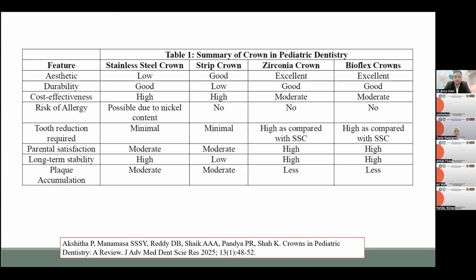When we talk about the strip crowns, the durability is low, plus the tooth reduction required is minimal, but again, patient satisfaction is moderate as they can stain. There is high amount of plaque accumulation, and wear of the restoration is again high, because of which strip crowns are again not most widely used. So when we talk about aesthetic restoration, most commonly used restorations right now in the market are zirconia crowns and bioflex crowns. We're going to talk about these two crowns in detail.